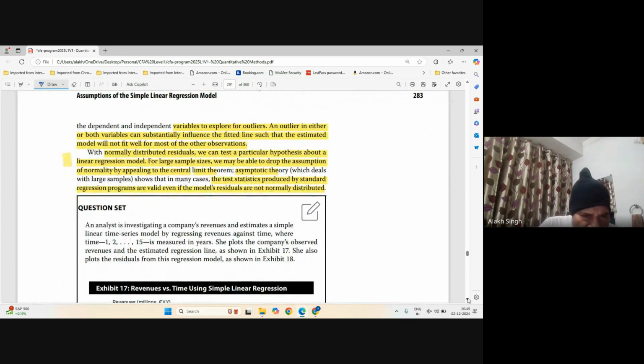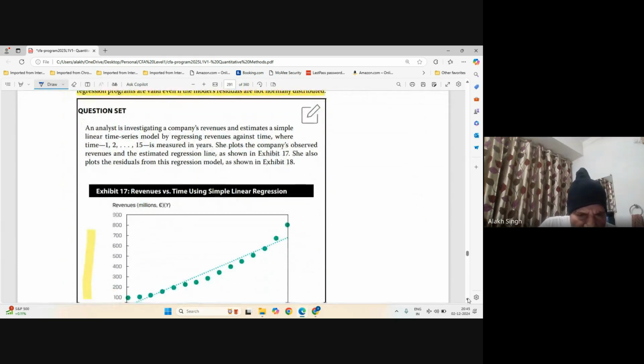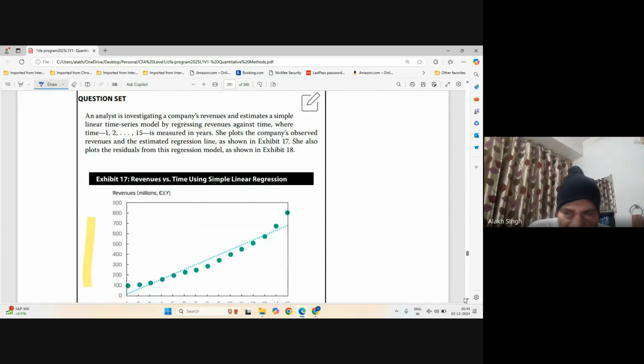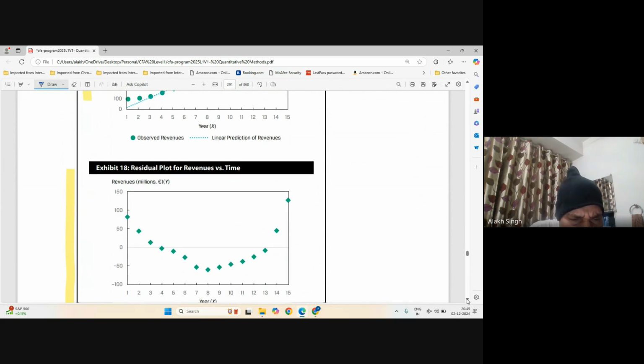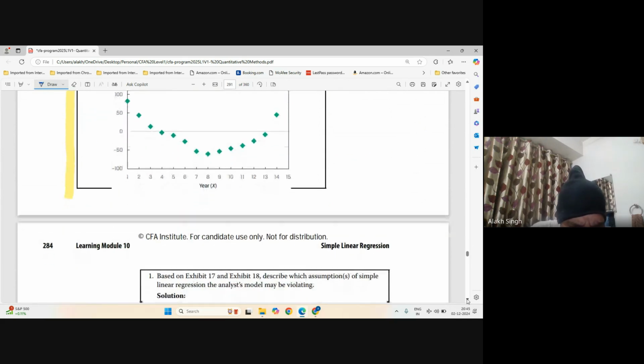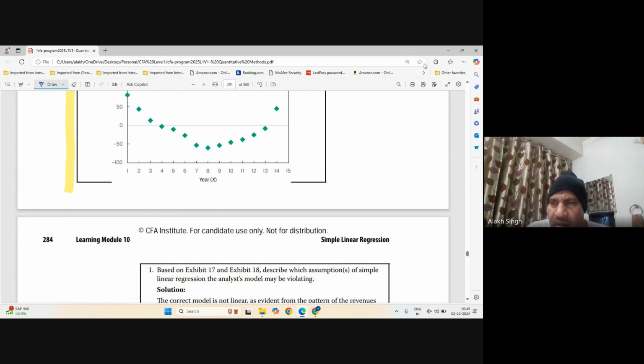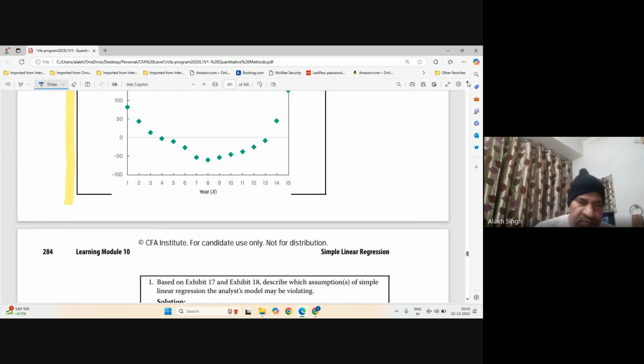So that you had already discussed. There is nothing else. Okay, question set one. Let me see what the question is, and then I will see if we need to solve it. Based on Exhibit 17 and 18, describe which assumptions of simple linear regression analysis may be violated.